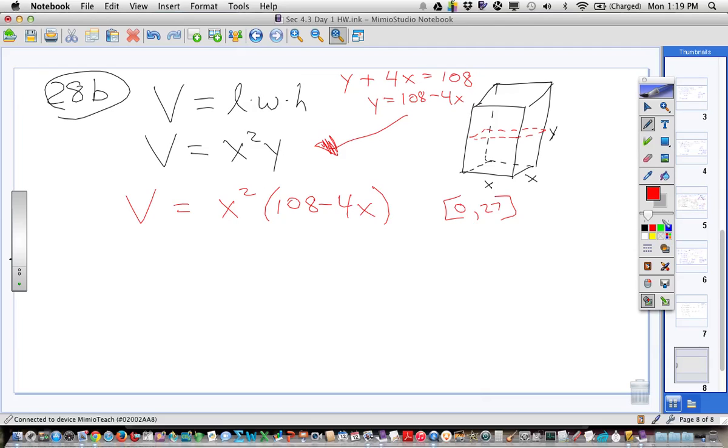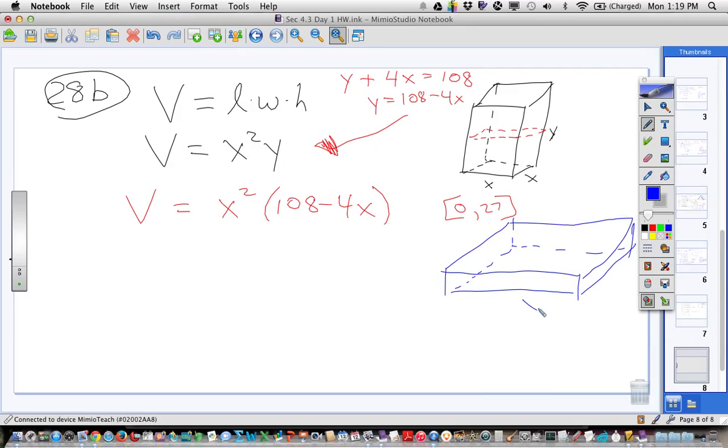All right, now, before I let you go on your own, we have to consider the other situation. If we have a short, fat box like this. All right, so you have this situation here.